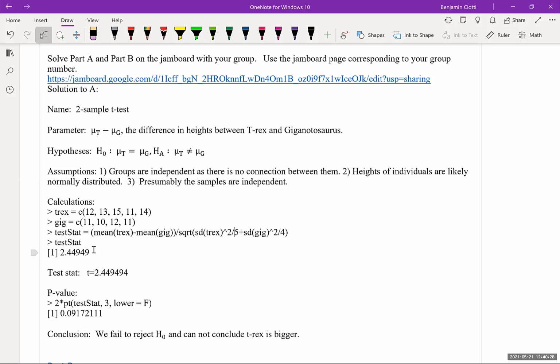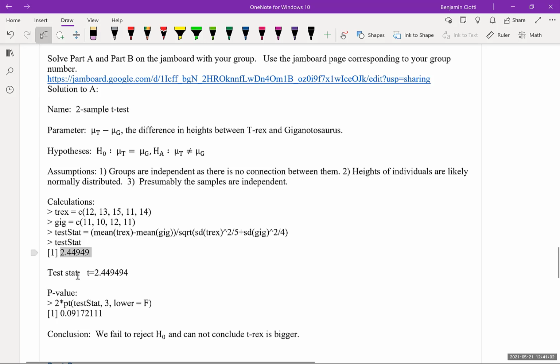But the less normal that they are, the larger your sample size should be. And yes, that follows, like you said, from the central limit theorem, because even if the underlying population is not normal, the sample mean will be normally distributed, at least for large enough n. Thank you. And yeah, we're doing inference for the mean. That's the thing that we're using the normality for. So yeah, good point, good question.